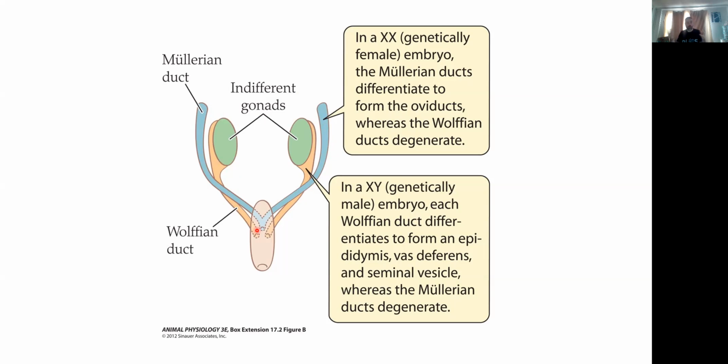So again, you can maybe see here that there's a lot of room for things to not go according to plan. There's a lot of slipperiness here. So when we think about things like intersex people, when we think about transgender people, all of those sorts of things, this is all just kind of possible.